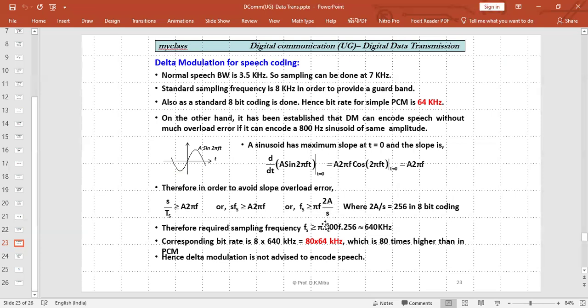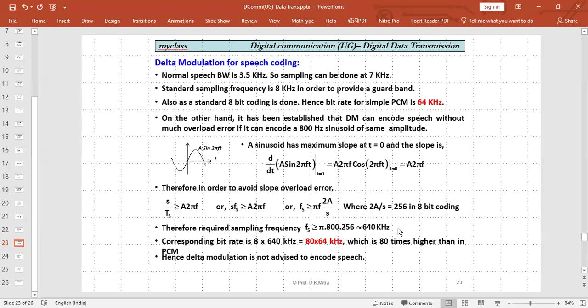Already we know f is 800 hertz. There is one extra f here that we shall remove. So it is pi into 800 into 256. So pi into 800 into 256 is 640 kilohertz.